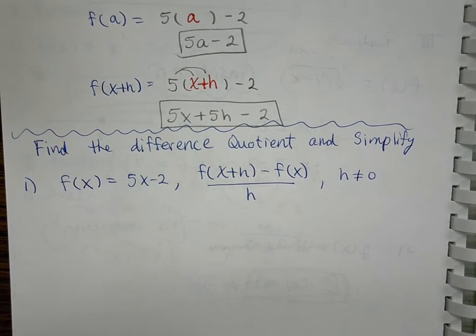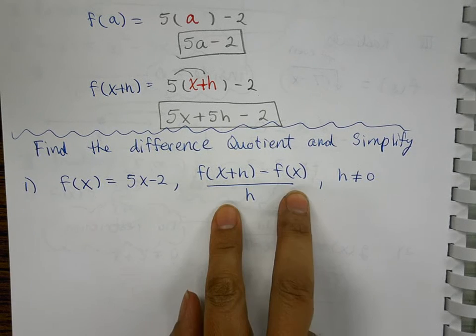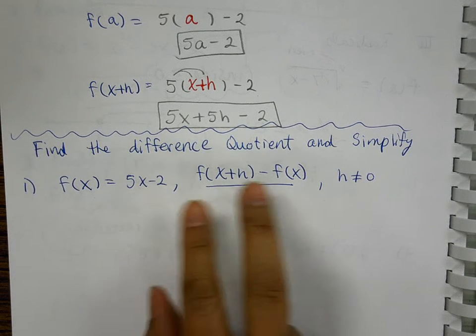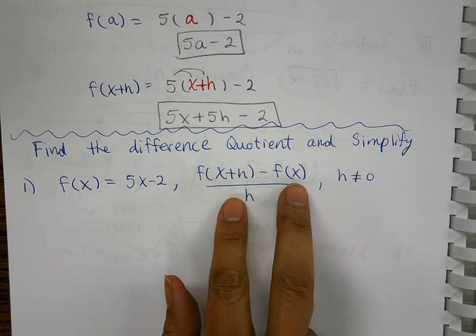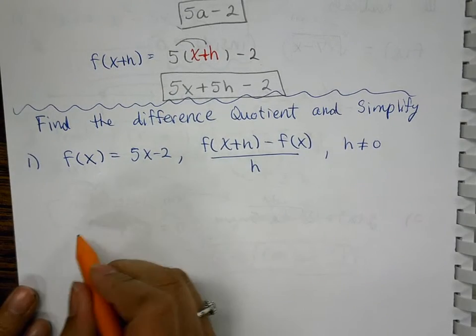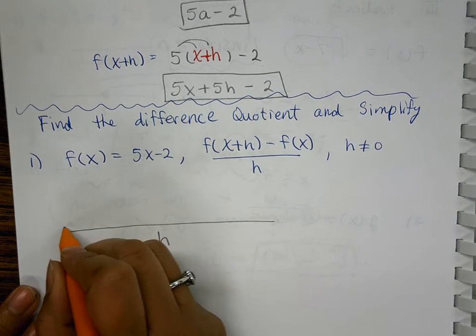You won't do anything with that, it's just there as a reminder. Okay, what the heck does this mean? This is our function, this is the difference quotient, and we're going to take this and plug it in. Okay, so we're going to end up with a fraction, and then we're going to clean it up. Okay, so here's my big fraction.